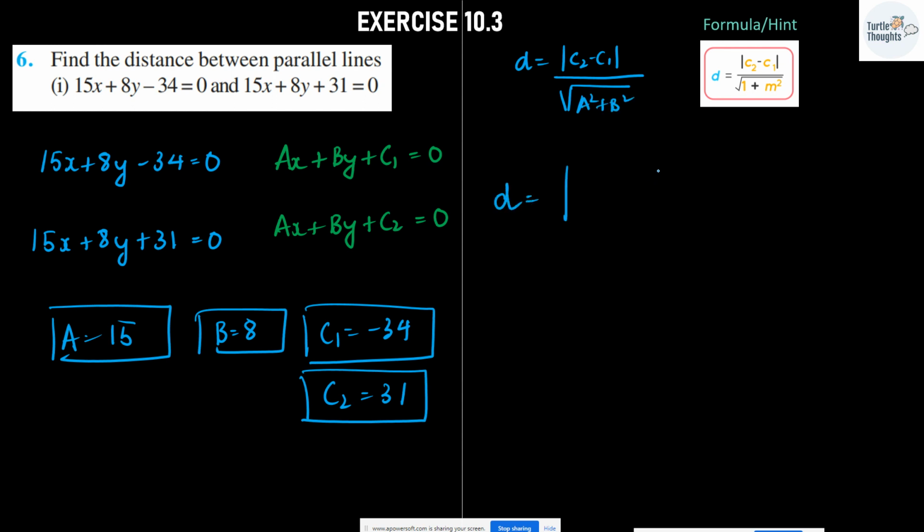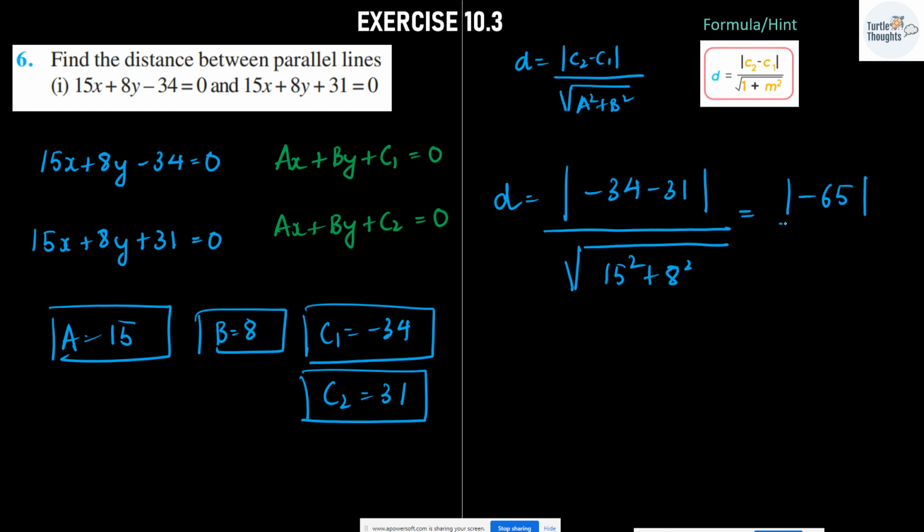d will be equal to modulus of c2 minus c1, 31 minus minus 34, under the modulus, divided by root of a square plus b square, which is 15 square plus 8 square. Minus 34 minus 31, I will be getting minus 65, divided by root of 15 square is 225 plus 8 square is 64.